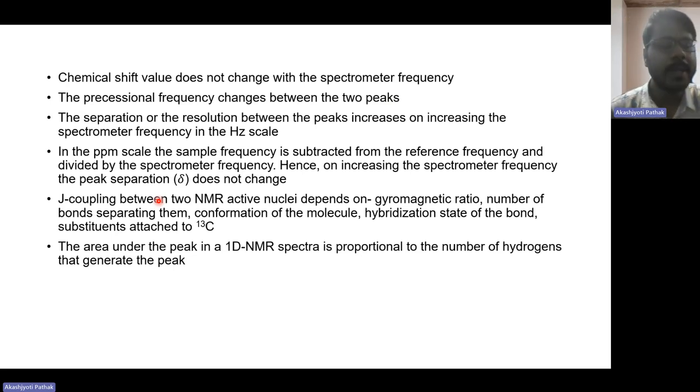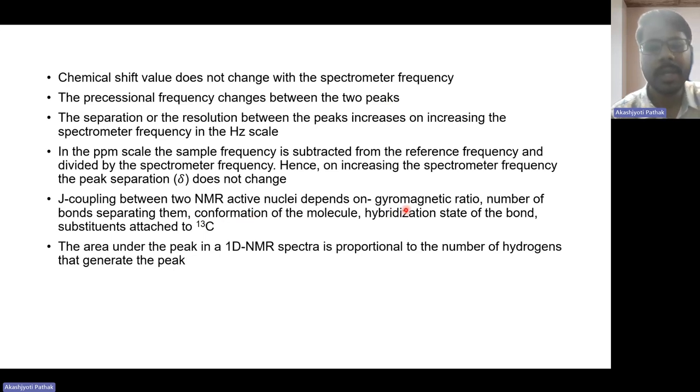So J coupling between two NMR active nuclei depends on the gyromagnetic ratio, the number of bonds separating them, the conformation of the molecule, the hybridization state of the bond, and substituents attached to the C13. We had looked into all of these in detail. If the proton is connected to an electronegative atom, then there will be deshielding, and the nuclei will show a further chemical shift.